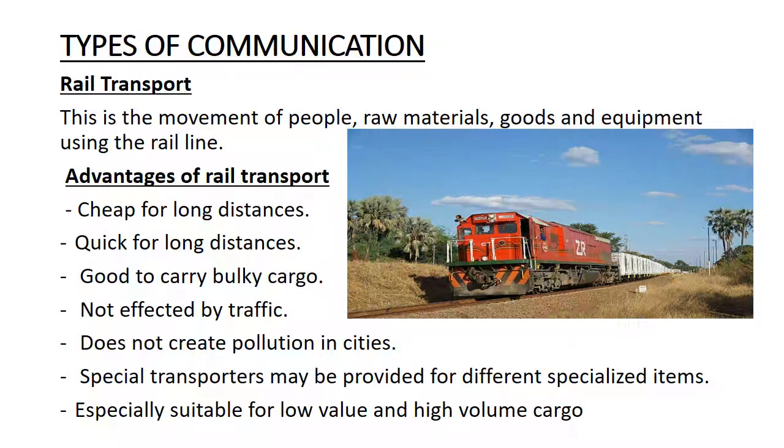But items like phones, if you have 1,000 phones, they are high value items, and even if the volume is huge, they are not good for rail transport. So high value items are not good for rail transport, but low value goods are good for rail transport.